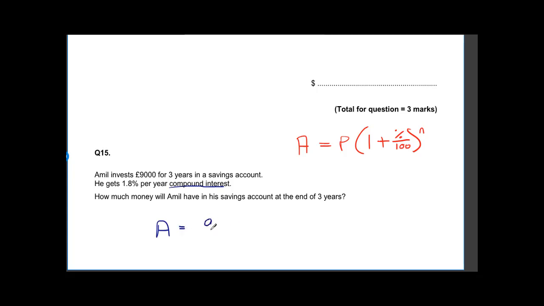P is 9,000 times 1 plus, you cannot go wrong in this, 1.8 over 100. You have calculators. We didn't have calculators that you could put fractions like this in. It's set up so you can't go wrong. So it's basically 1 plus 0.18, cubed.